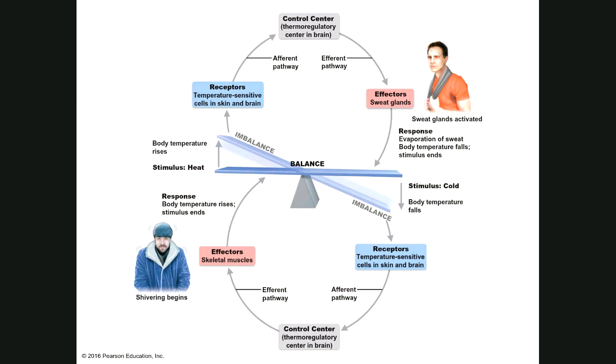Afferent means we're going towards. Efferent means we're going away. So along the efferent pathway, output is sent by the control center to the effector. The effector in this case are going to be sweat glands.